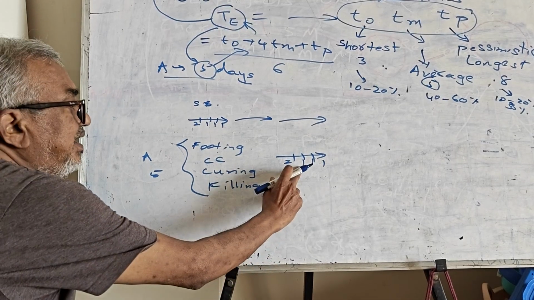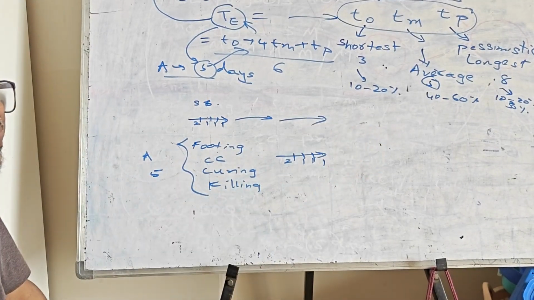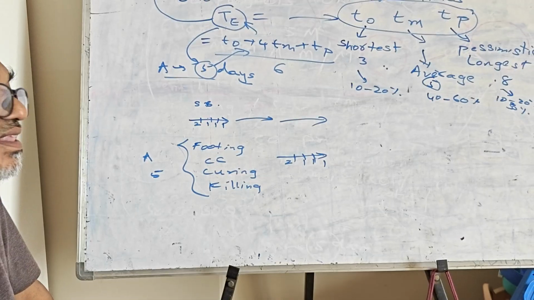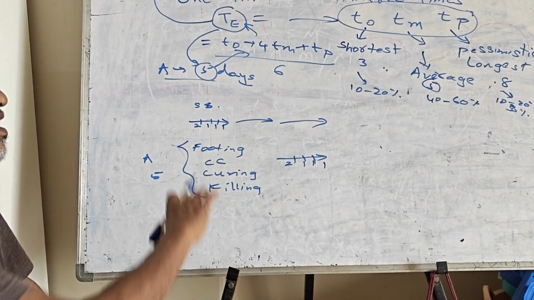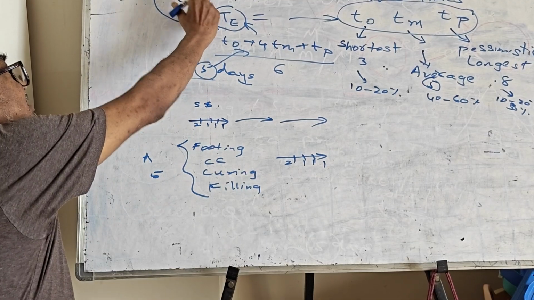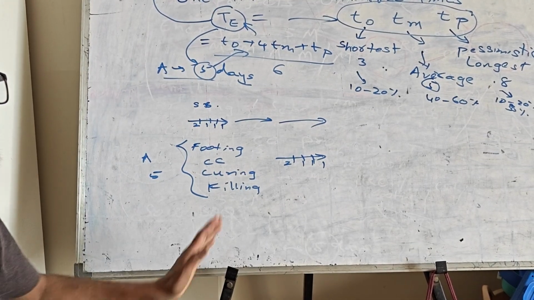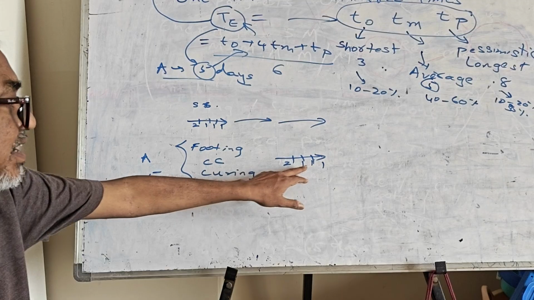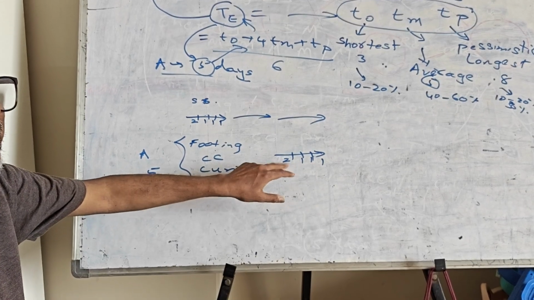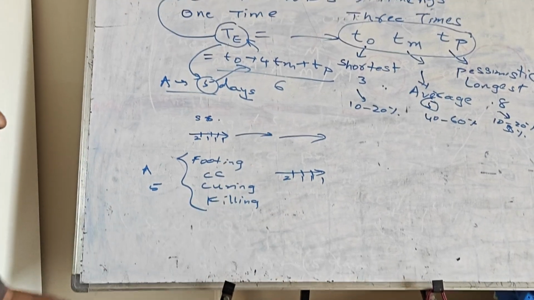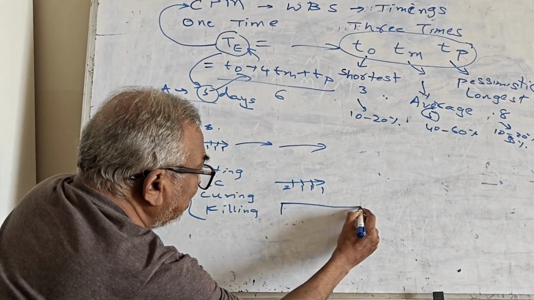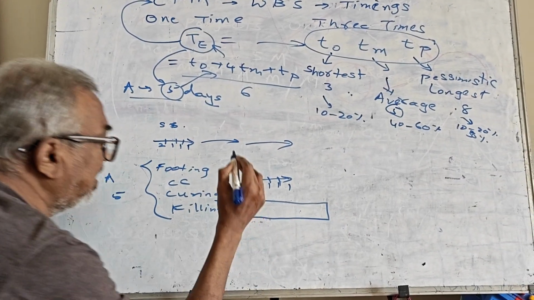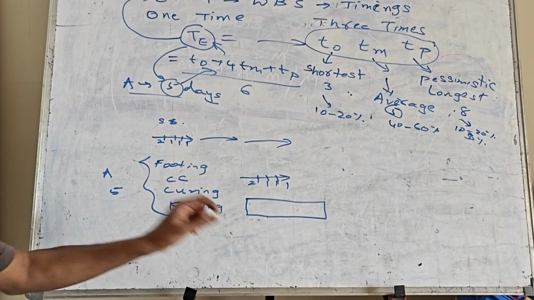So if you go on writing like this for a big construction project, there are hundreds of activities involved, and also sub activities. So on a network diagram, if you consider CPM, we cannot go on dividing the activities in this manner. What we have to do is consider this as a block. You can call it a bar, one rectangular bar.